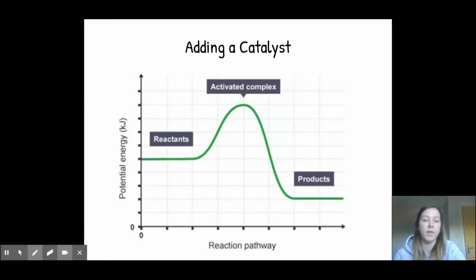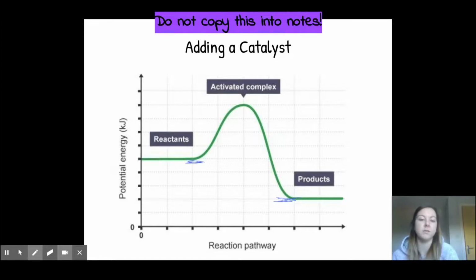So when we did this at National 5, we would say, here is the value of the products, here is the value of the reactants. To calculate delta H, you would take the difference, products minus reactants, and it would give you this value here. So that's delta H, the difference between those two points on the graph.